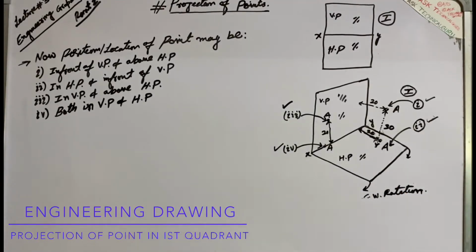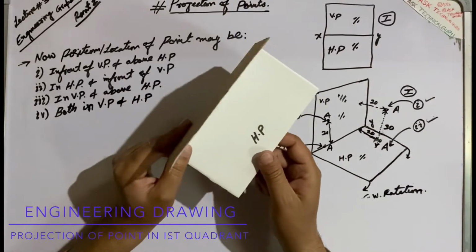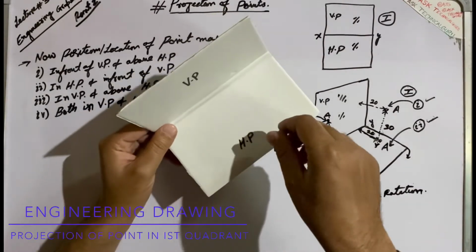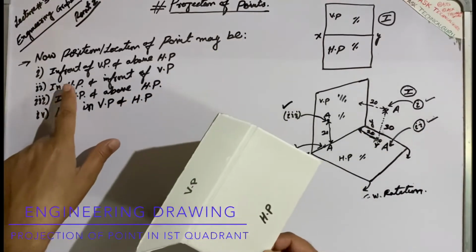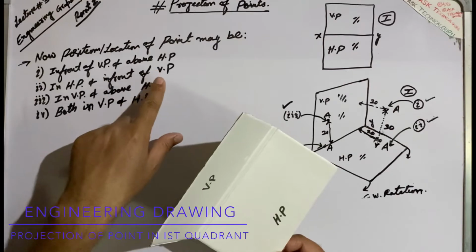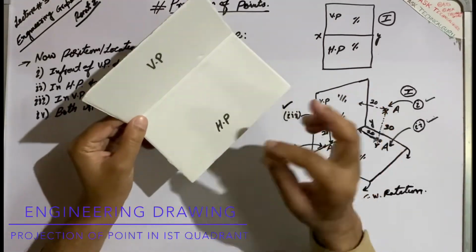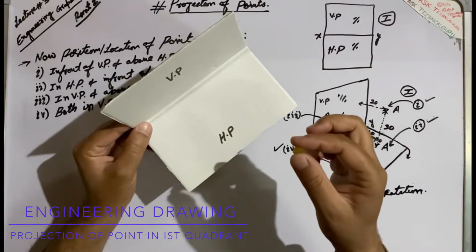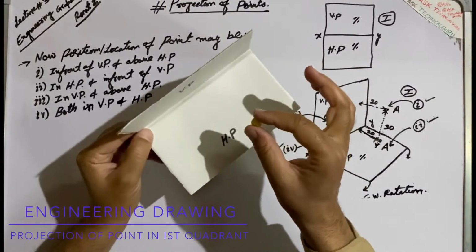Let us take this model example, by which you can understand it more easily. What is the first condition? In front of the vertical plane and above the horizontal plane. Let us assume this is the point, this is the horizontal plane, and this is the vertical plane. If we go by the first condition, the point is here.